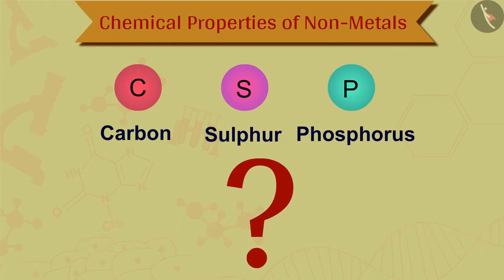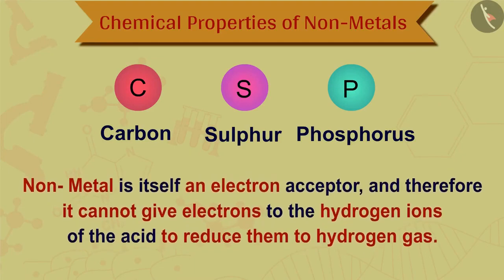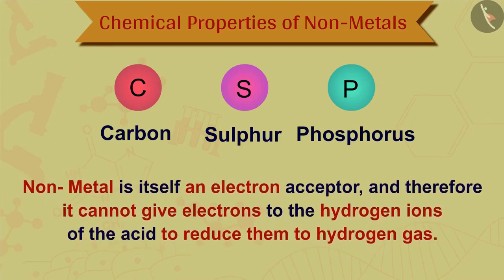This is because they are unable to displace hydrogen ions of acids and convert them into hydrogen gas. And as you know, a non-metal is itself an electron acceptor, and therefore it cannot give electrons to the hydrogen ions of the acid to reduce them to hydrogen gas.